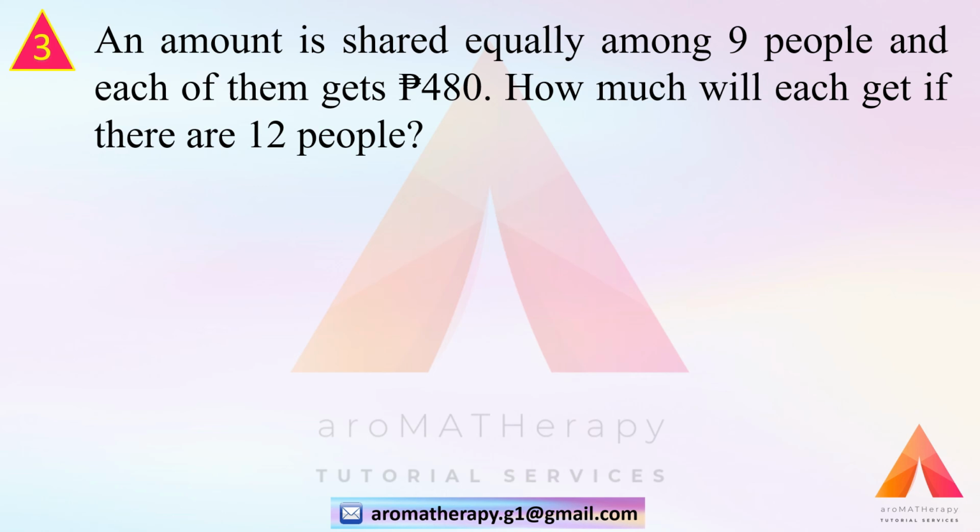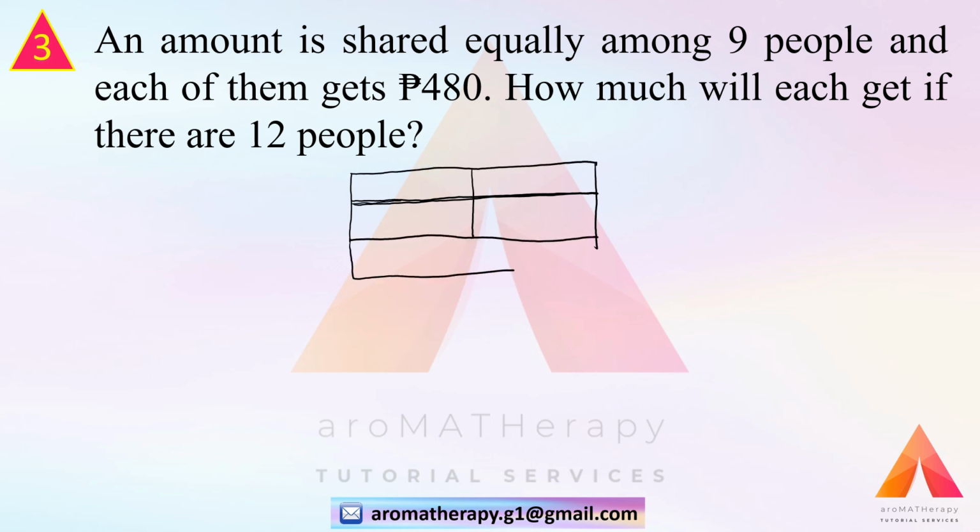An amount is shared equally among 9 people and each of them gets 480 pesos. How much will each get if there are 12 people? Okay, let's make a table. Read the first statement. An amount is shared equally among 9 people and each of them gets 480 pesos.